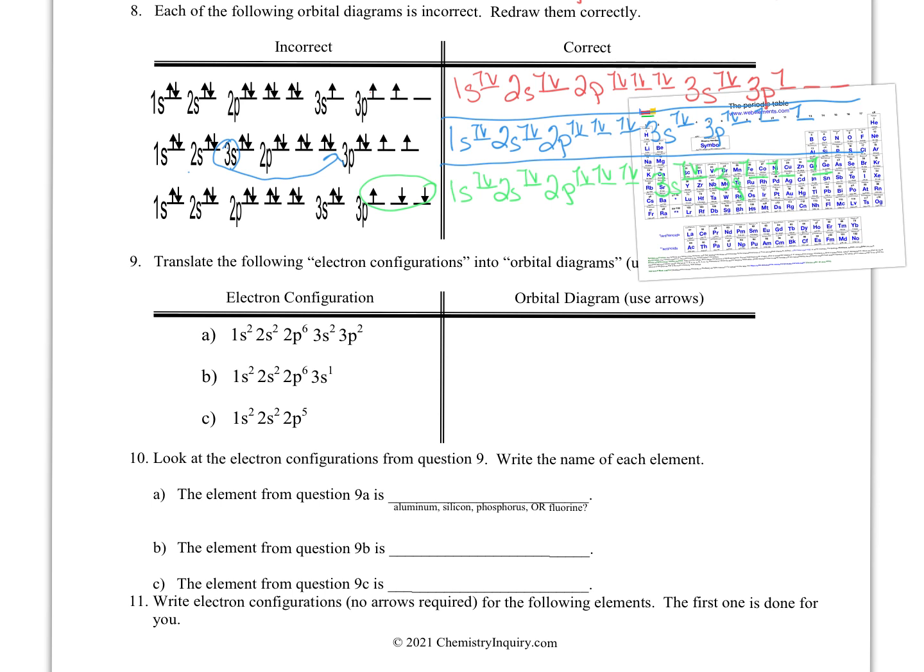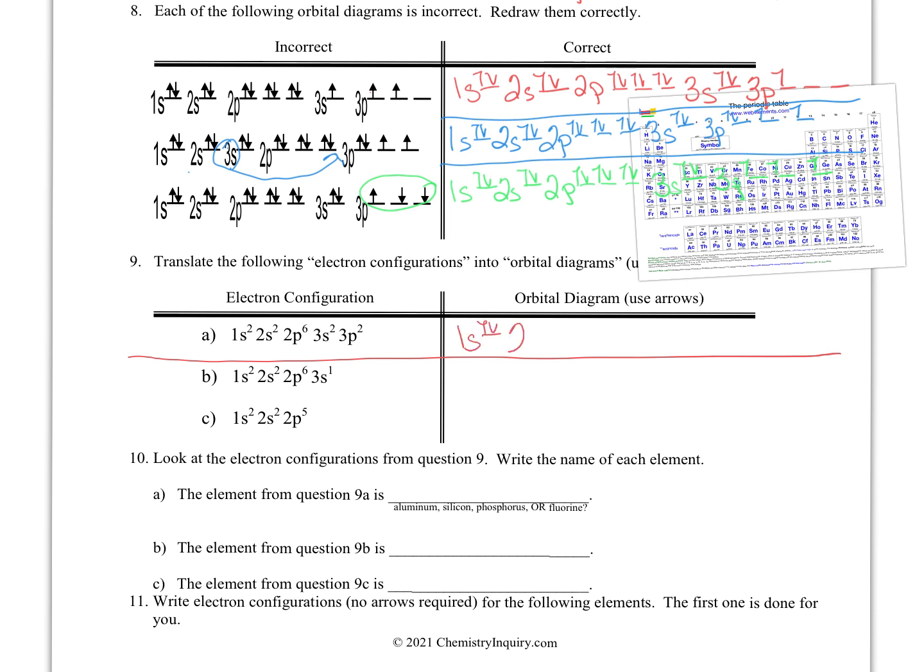Okay, the next question, number 9, wants us to take the electron configurations and put them into orbital diagrams. So, that's not difficult at all. I just want to draw a line to kind of separate them. So 1s2, we have 1s with 1 orbital, 2 electrons.